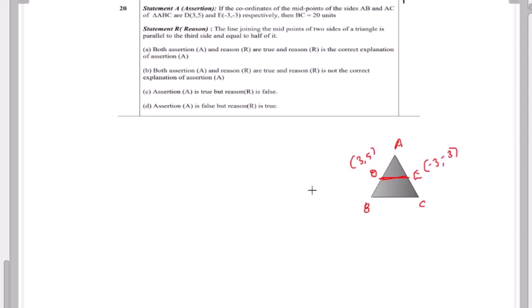Now question number 20, same type of question, assertion and reason type. What is the statement given?